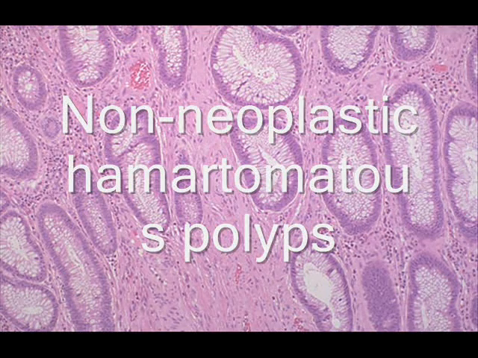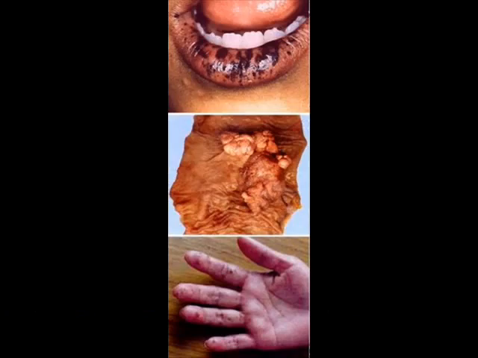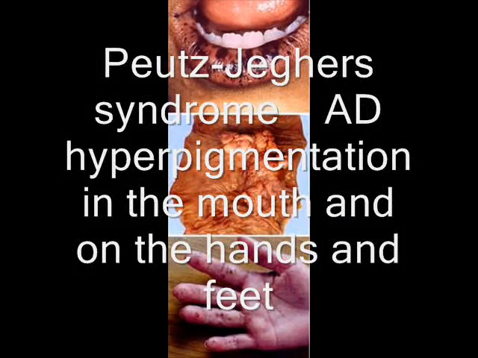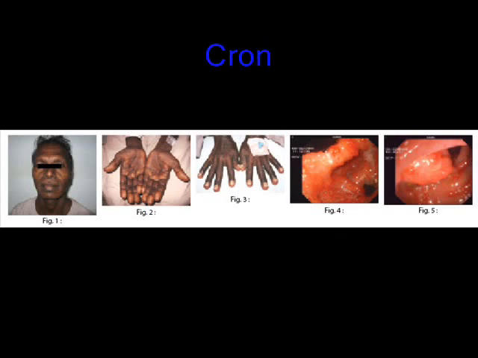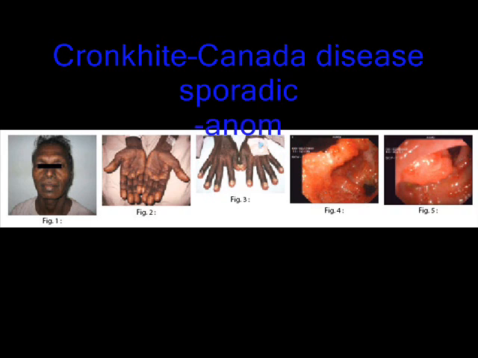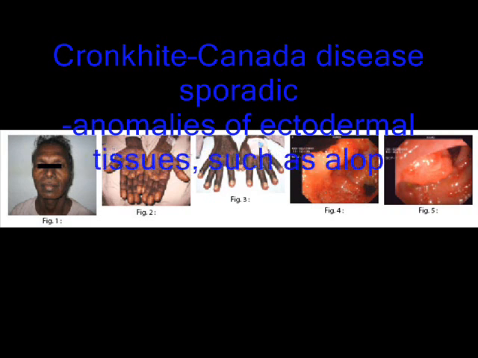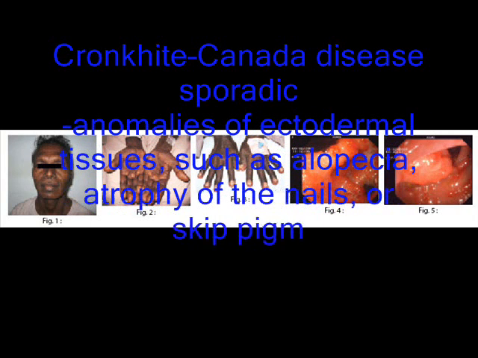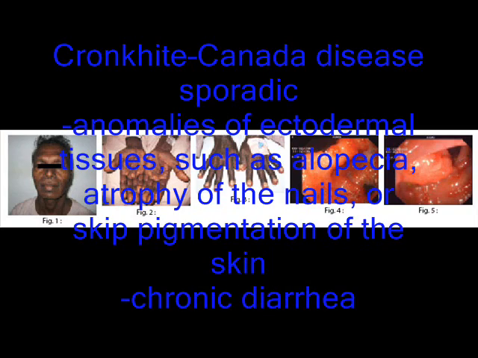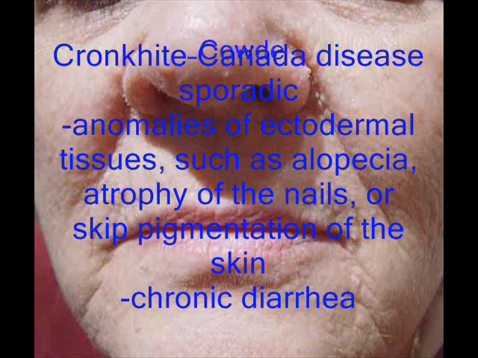The other group is non-neoplastic hamartomatous polyps. The first example is Peutz-Jeghers syndrome, with hyperpigmentation of the mouth and beak. Second, Cronkhite-Canada disease, an anomaly of epidermal tissue, where the patient presents with alopecia, nail changes, and pigmentation of the skin.